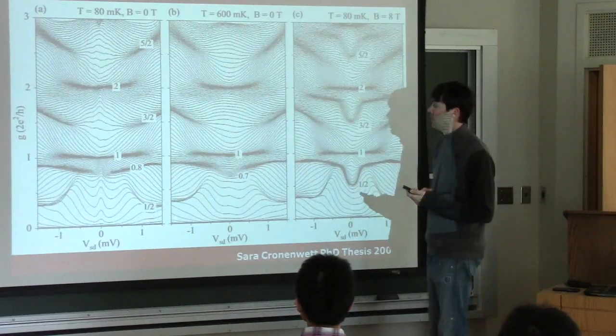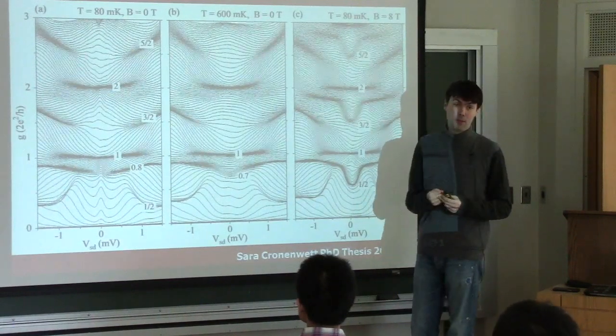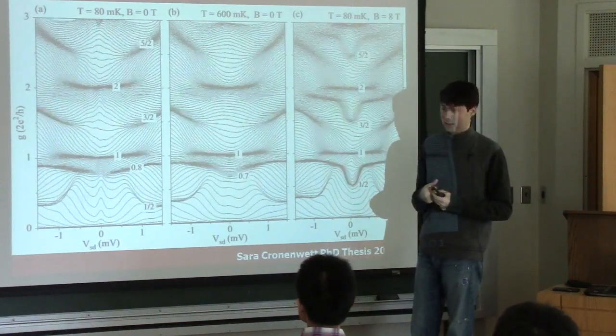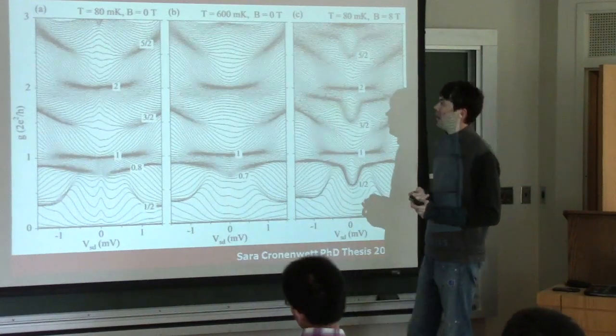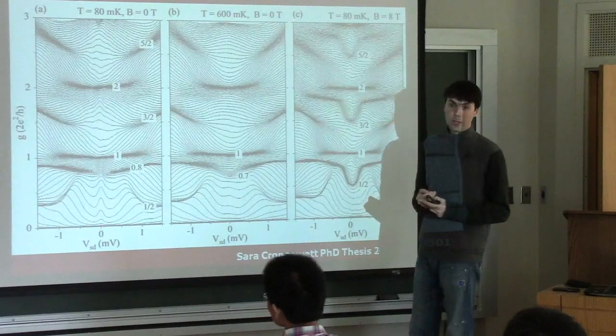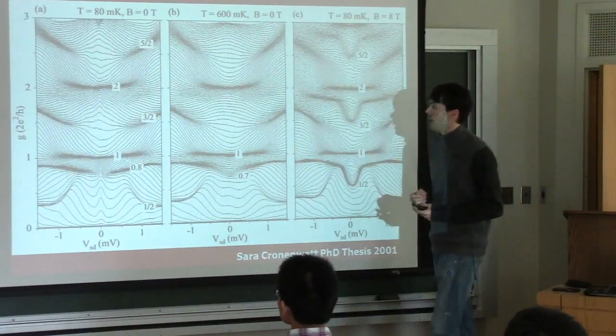So for example, these are called waterfall plots of quantum point contact conductance. I already showed them in my introductory lecture, but just to show a beautiful plot, now I want to look in more detail at these plots.